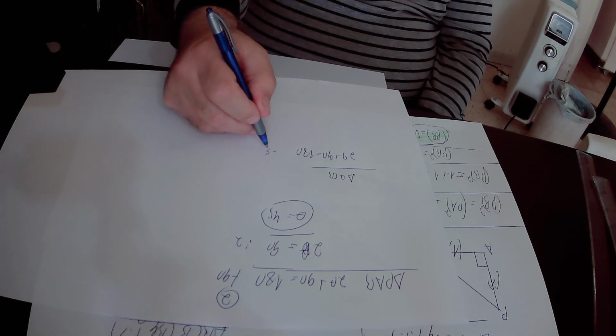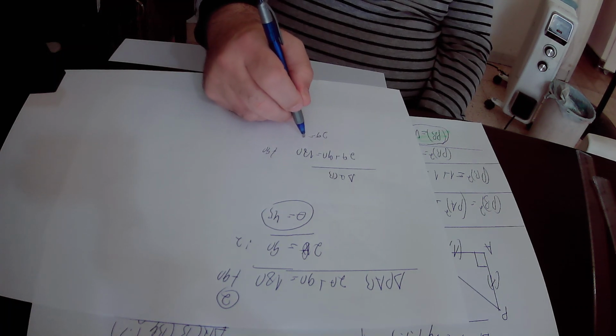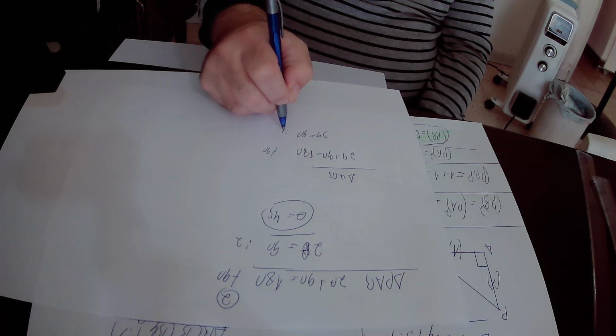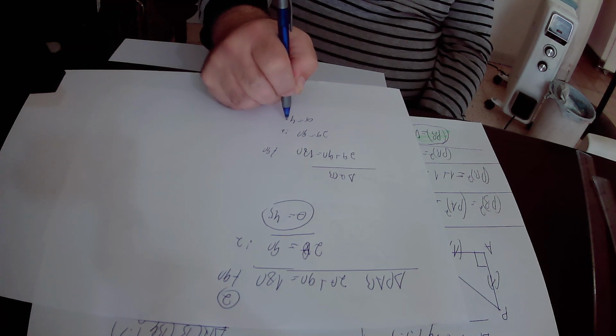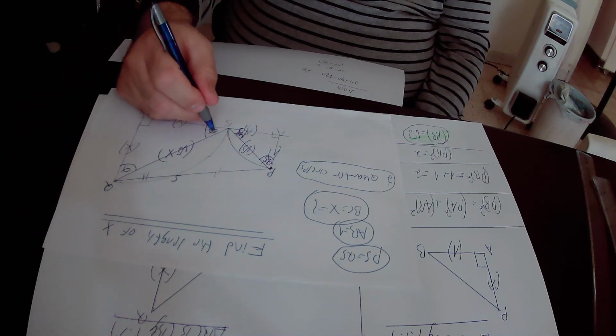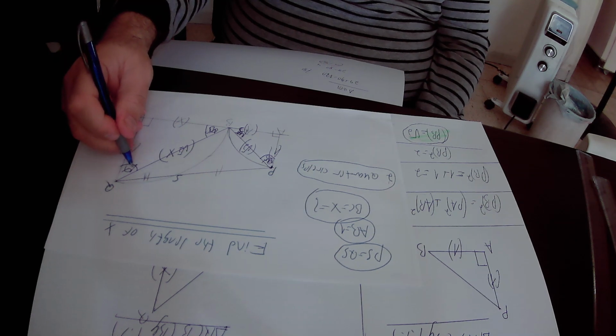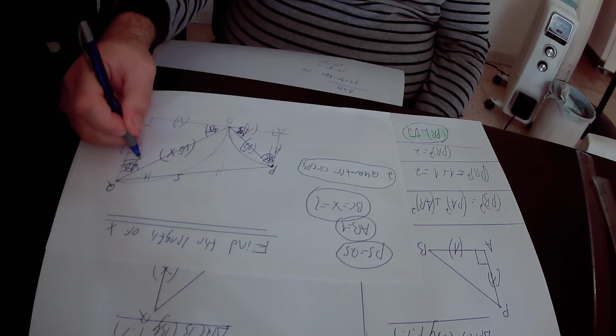We subtract 90 degrees from this equation, and we get that 2 alpha equals 90 degrees. We divide this equation by 2, and finally we get that alpha equals 45 degrees. So this angle alpha equals 45 degrees in its size, and this angle alpha also equals 45 degrees in its size.